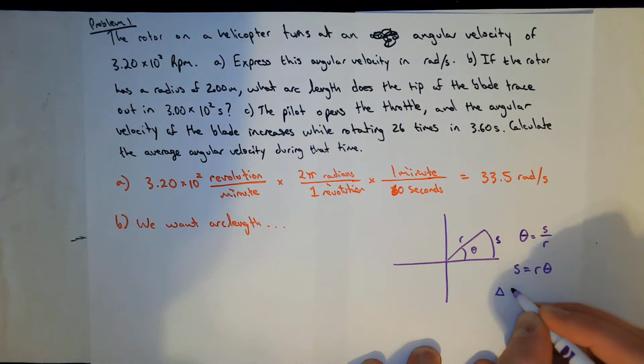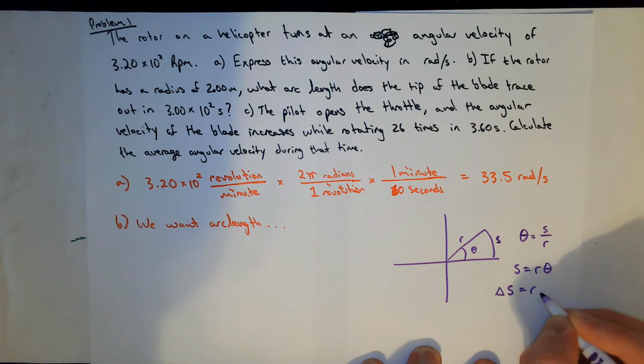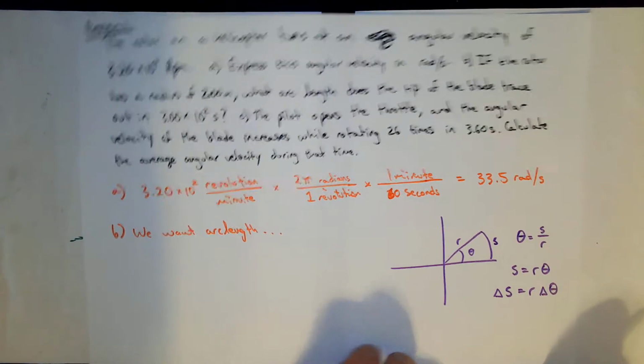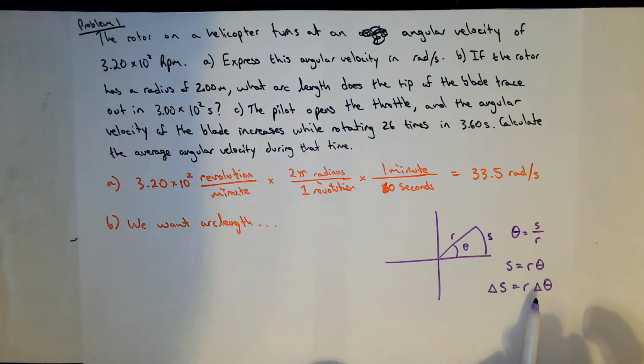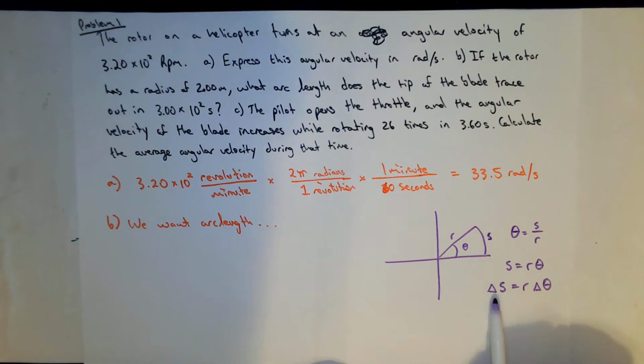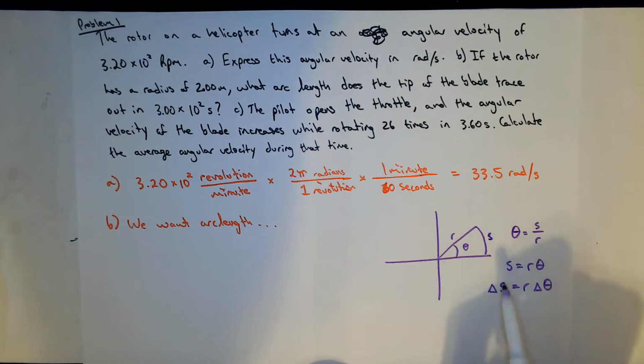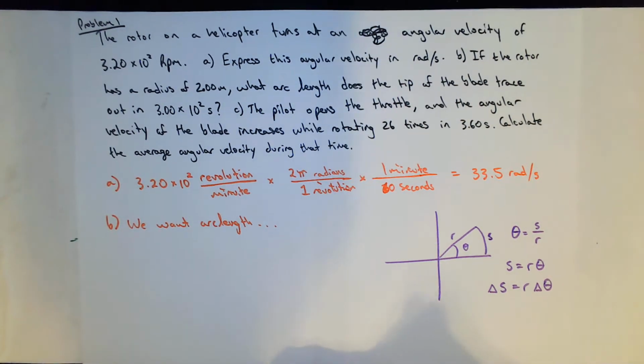So we would say delta S is equal to R times delta theta. A changing angle results in a change in arc length, which makes sense. And vice versa, a changing arc length will result in a changing angle, but radius stays the same.